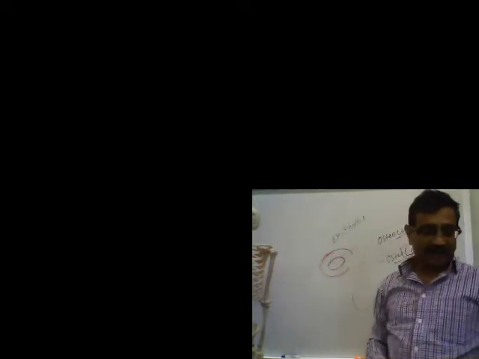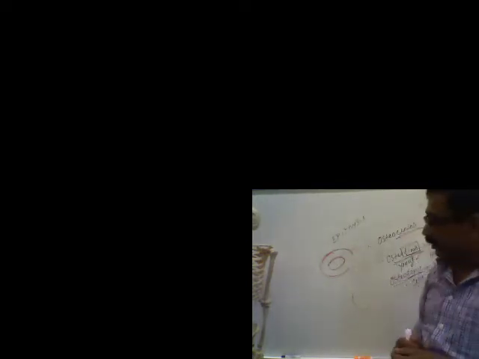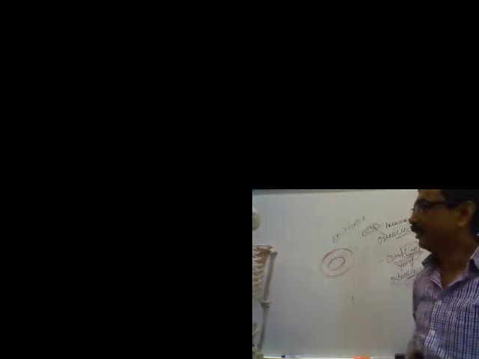As you have already seen under the microscope, the osteocytes are located inside the lacunae. This is the osteocyte, and this is the small cavity that is called the lacuna. So we see the osteocytes inside the lacunae.